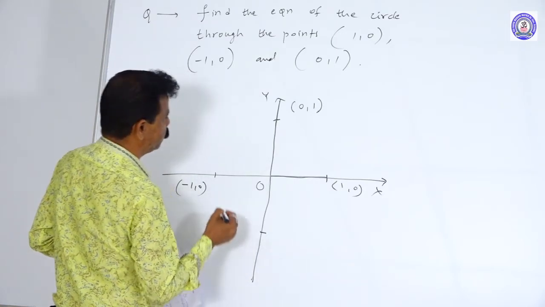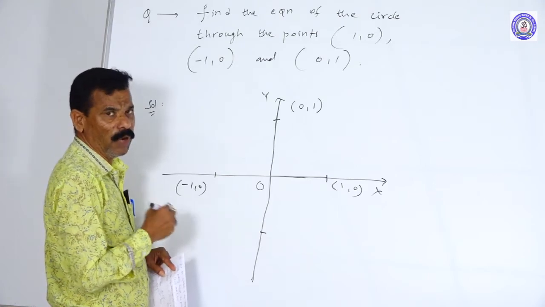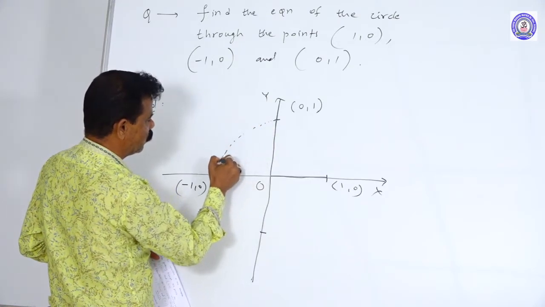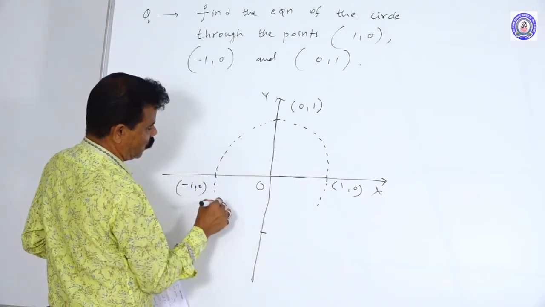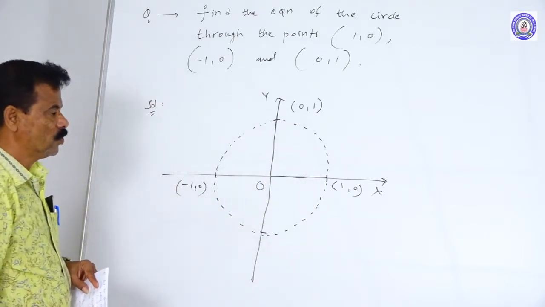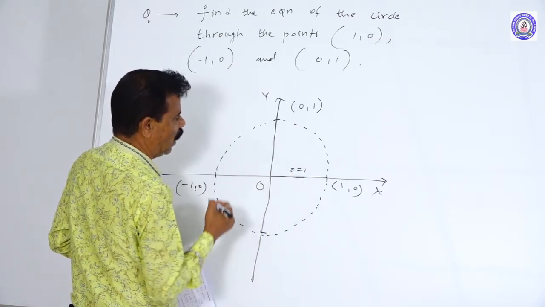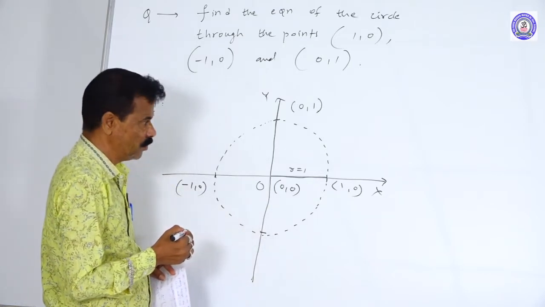These 3 points. So any circle passing through the 3 points, you join by a curve like this to form a circle here. We observe here the radius is 1. Radius is equal to 1. Center is 0 comma 0 for this.